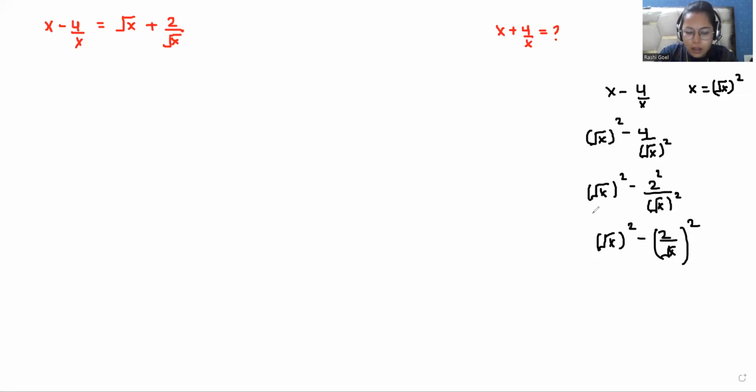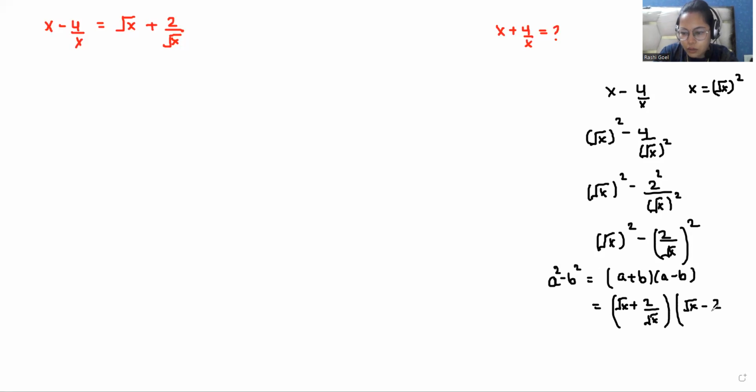Here I can use the identity a square minus b square is equal to a plus b, a minus b. So we can write it as under root of x plus 2 over under root of x, times under root of x minus 2 over under root of x.